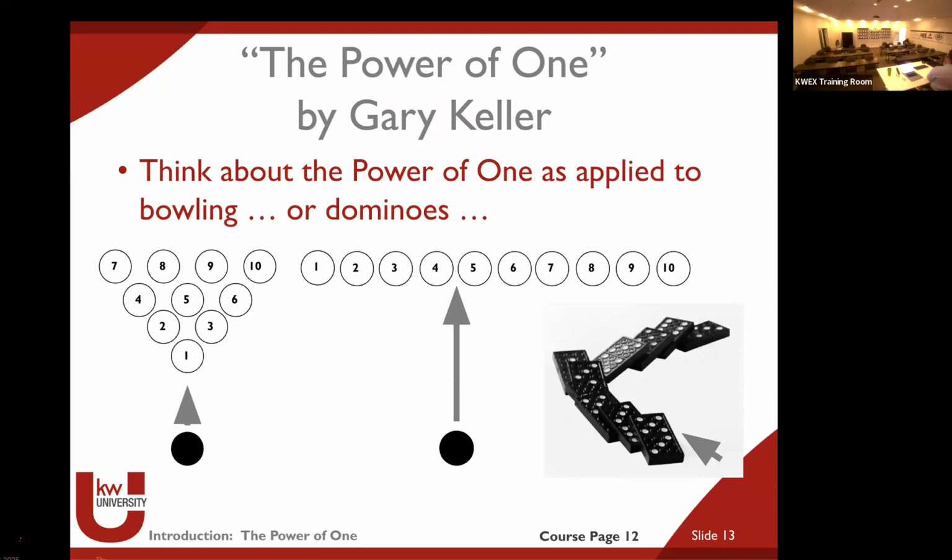The challenge for most of us is the aim. Very often, if you take the same image, we're actually hitting pin 7. And pin 7 drops and we get a deal or a little momentum, but the rest of the pins remain standing. Or we're in the middle of the domino string and we flip the domino in the middle without starting at the beginning and only get halfway to our goal.